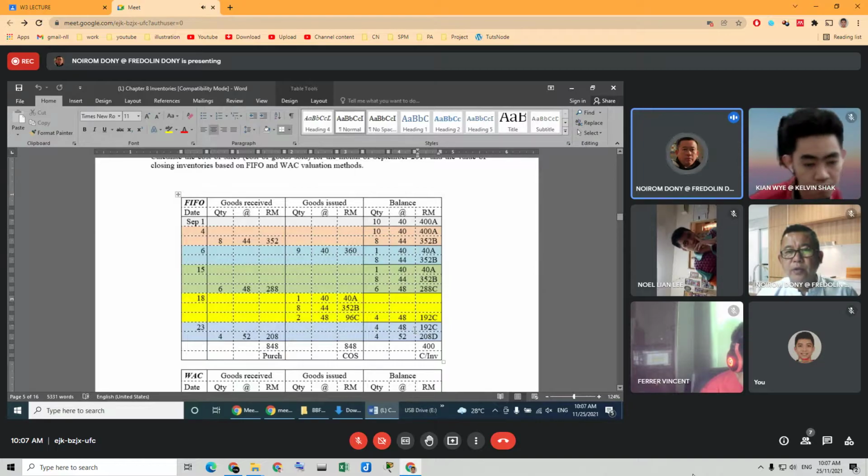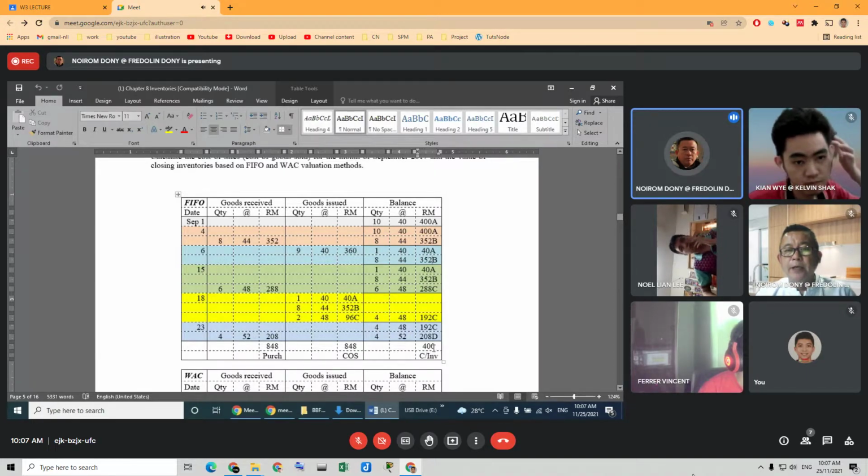The last row value, which is existing, you have 192, and then you have the new purchase on the 23rd, 208, you add. So 400, that is the value of your closing inventory, 400.